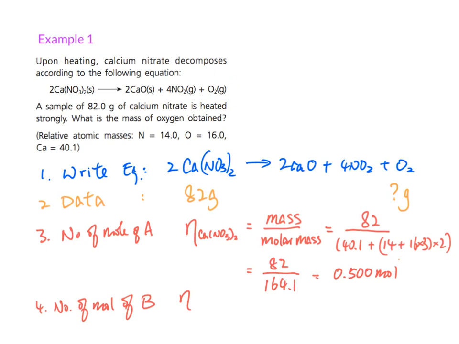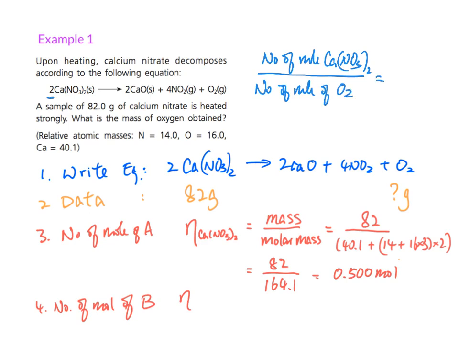Do you remember what the mole ratio is? The number of mole of calcium nitrate over the number of mole of O2 is 2:1, as in the equation. Right now this one equals 0.500 mole, so we divide 0.500 by 2 and times 1.